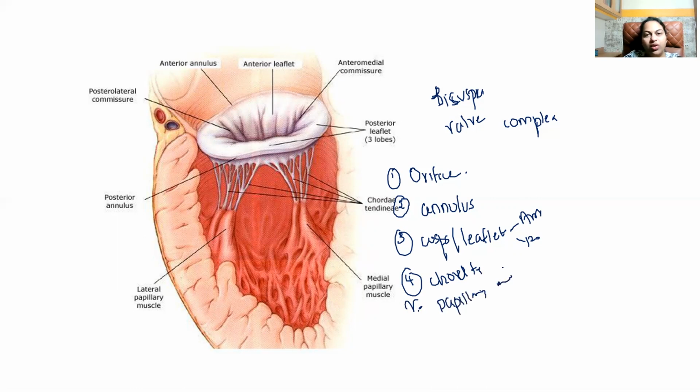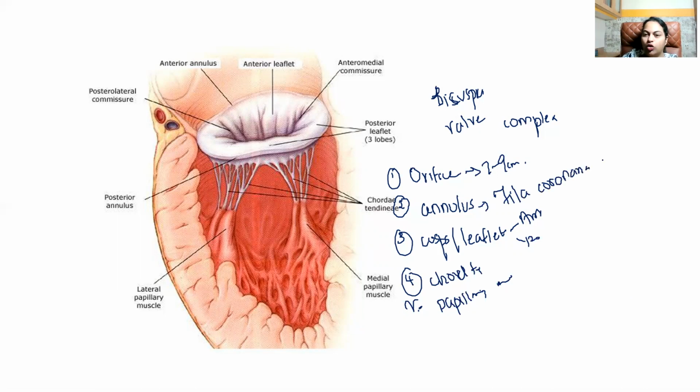So the left atrioventricular orifice, which separates the left atrium from the left ventricle, is actually smaller than your right atrioventricular orifice. It's about 7 to 9 centimeters. And the annulus, as I told you, there'll be two phyla coronaria. Phyla coronaria is nothing but the part of the annulus which is going to receive the cusp.